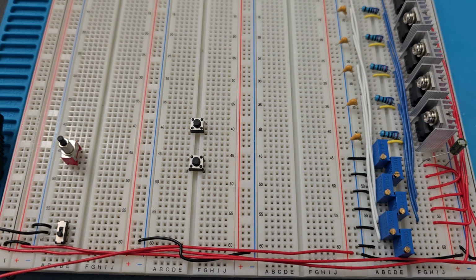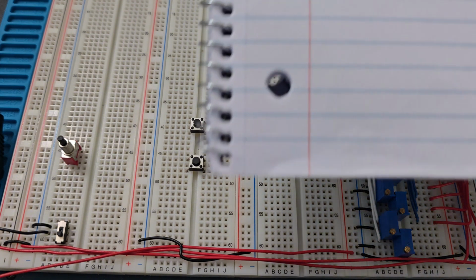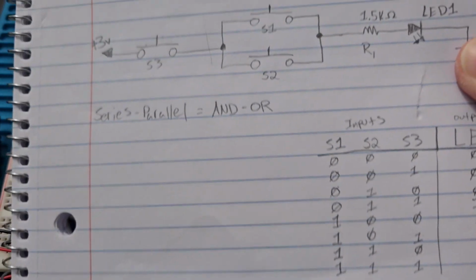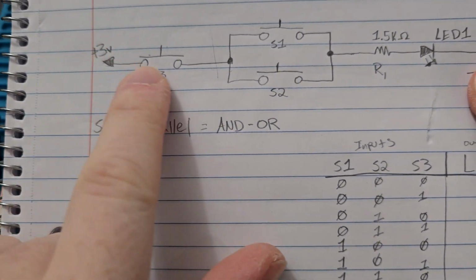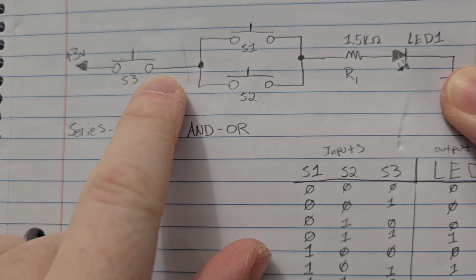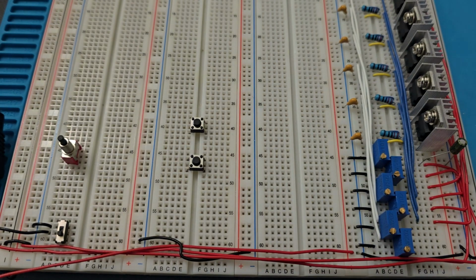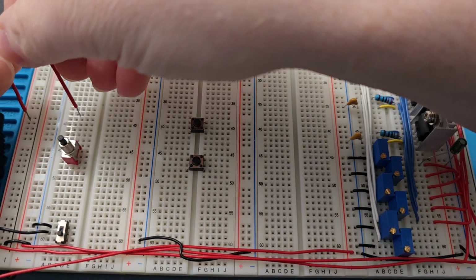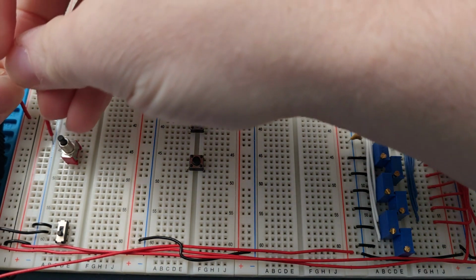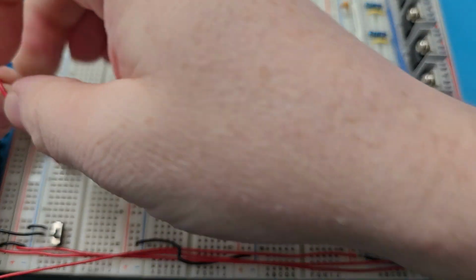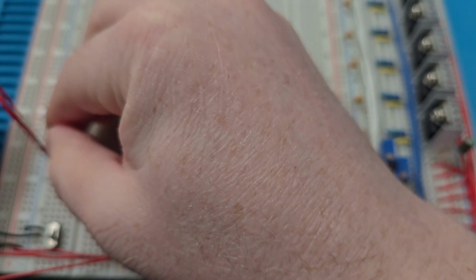Okay, so if we look here at our circuit, let's go ahead and connect 3 volts to the switch, and then that switch will go to a node. We'll create one. So 3 volts. Let's go to here. I think that's where the pin is. Yes. Okay.